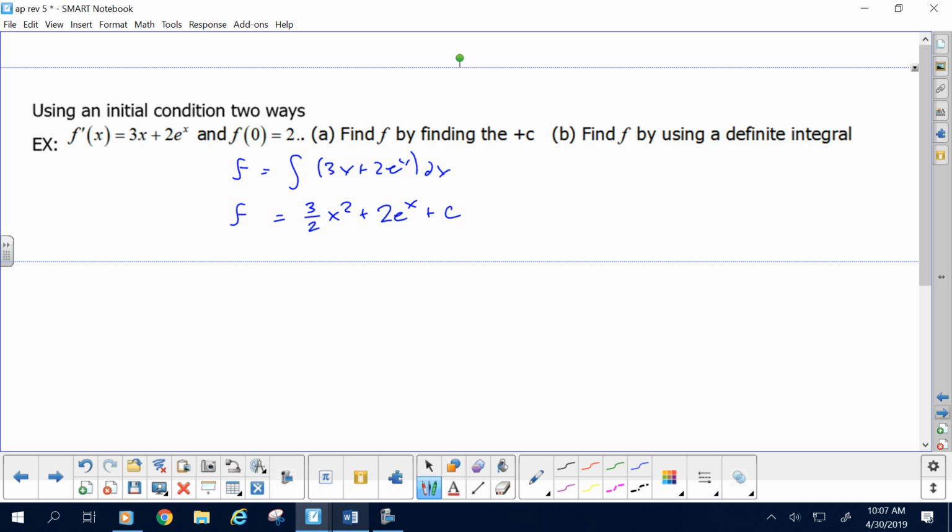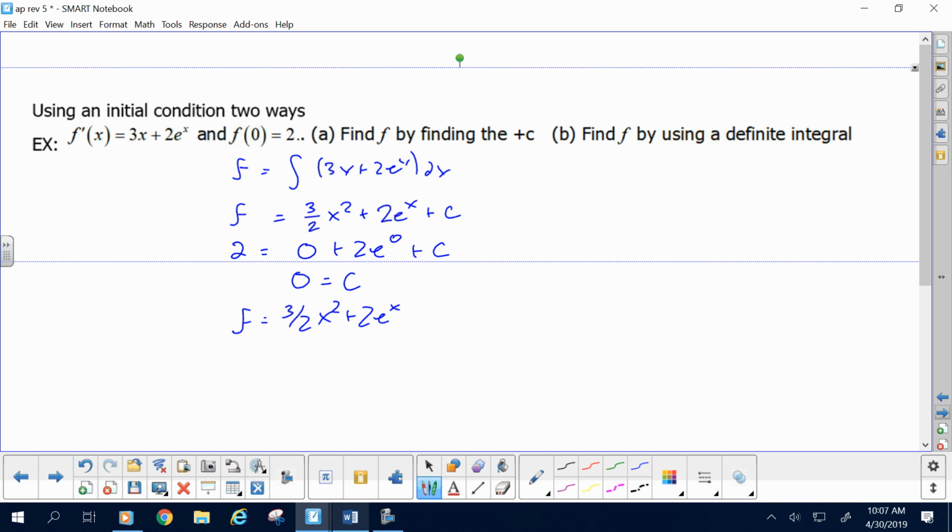And then you could use the initial condition. 2 goes in for f: 0 plus 2e to the 0 plus c. And so what is c? 1 times 2 is 2, and 2 minus 2 is 0. So the function is 3 halves x squared plus 2e to the x plus no c, right?